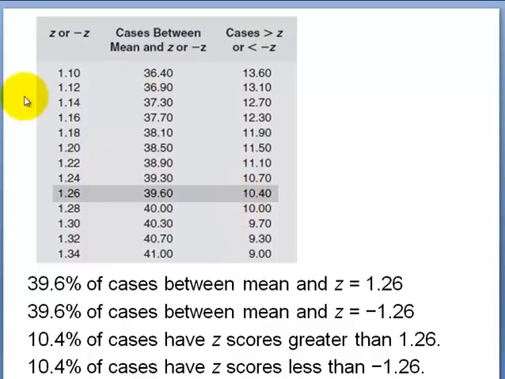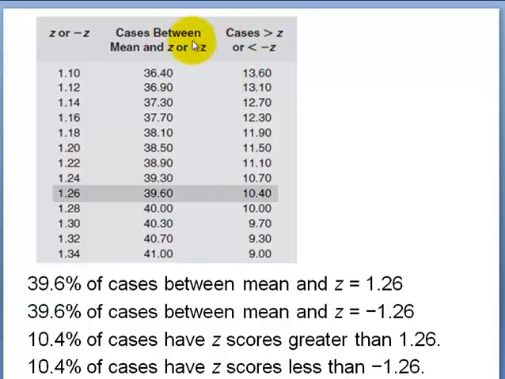While we're looking at the z-score distribution table for the normal distribution, do take a second to see that for each row, the percentages add to 50%. So, for instance, for our top row, 36.4% are between the mean and a z-score of 1.1, and then 13.6% have z-scores greater than 1.1, and 36.4 and 13.6 sum to 50%.